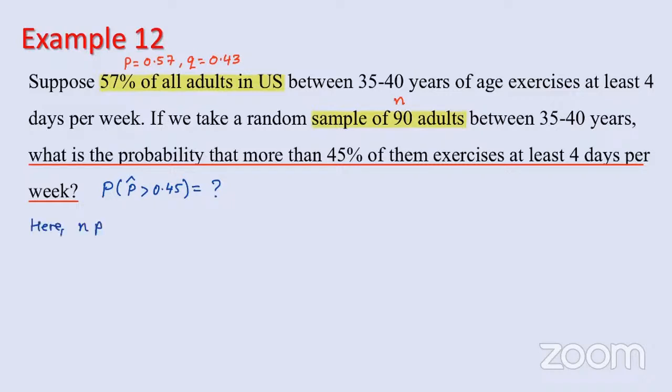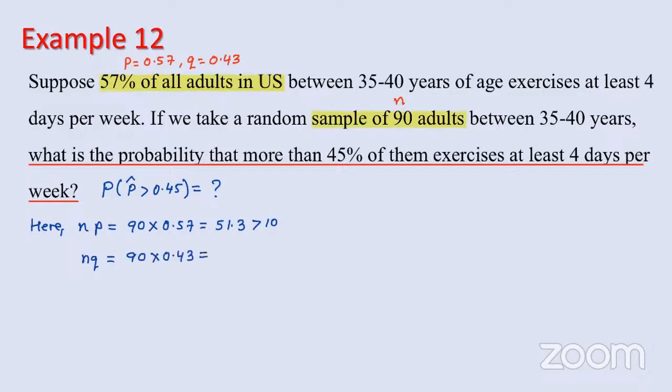So here, n times p, n is 90 times p, p is 0.57. If you multiply this, what will you get? You can multiply and check it. Is it 51.3? Which is greater than 10. n times q, if we do that, it's 90 times q, 0.43.